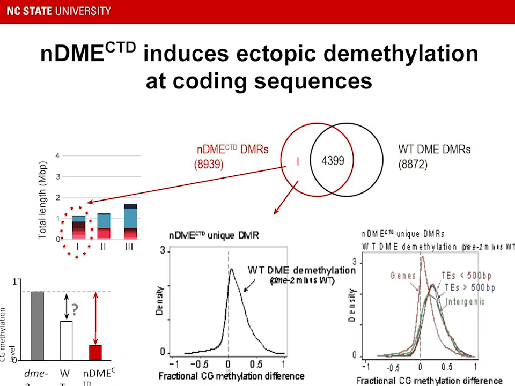So we further separated these loci based on their genome features. The genic, the longer and the shorter TE, they all get demethylated a little bit by the endogenous protein, but the coding genes are not. So that tells us that the C-terminal DEMETER ectopically demethylates these coding genes.